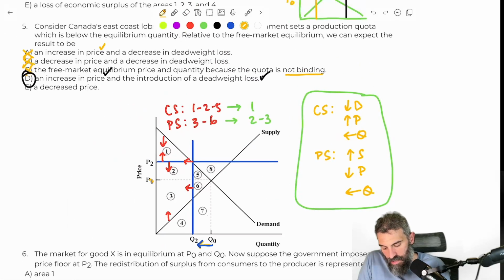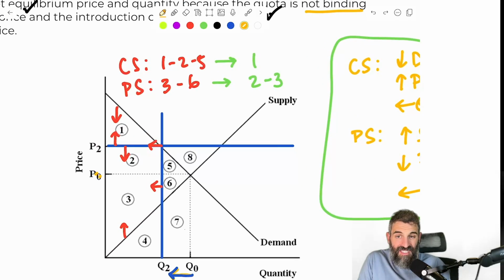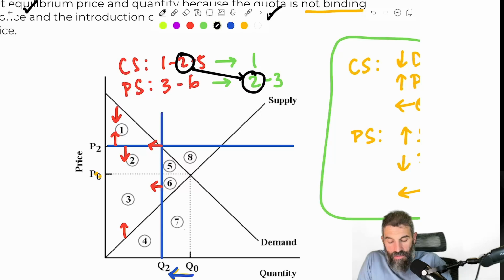The question, though, is what is the redistribution of surplus from consumers to producers? So what portion of the surplus was taken from the consumers? This is redistribution, taken from one and given to the other. That's just 2. Because look, 2 went from being part of the consumer surplus to being part of the producer surplus.